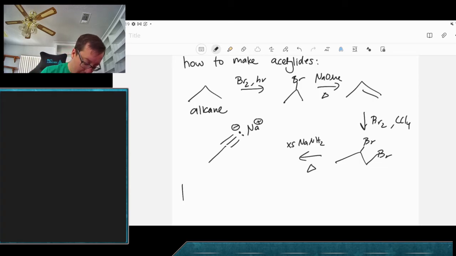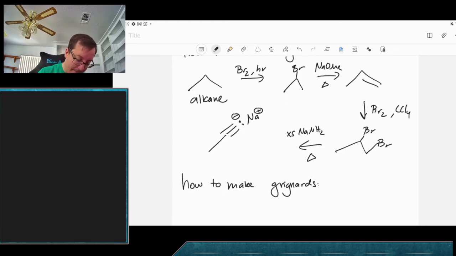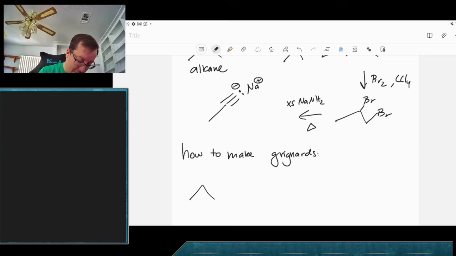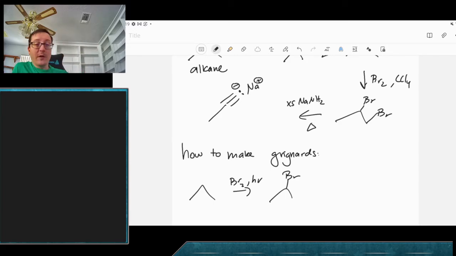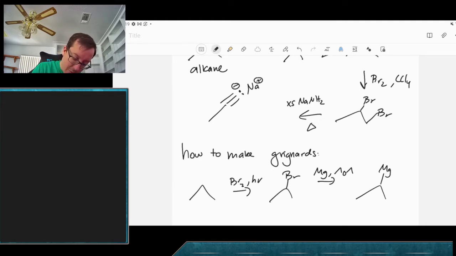How to make Grignards. This one's fairly simple. Start with an alkane. It really depends what Grignard you want. If you want this isopropyl one, you would just put it with magnesium and diethyl ether, and you now have your Grignard reagent ready to go.